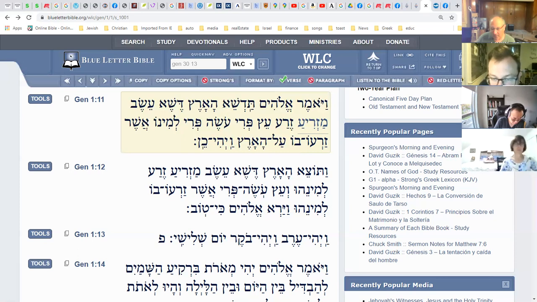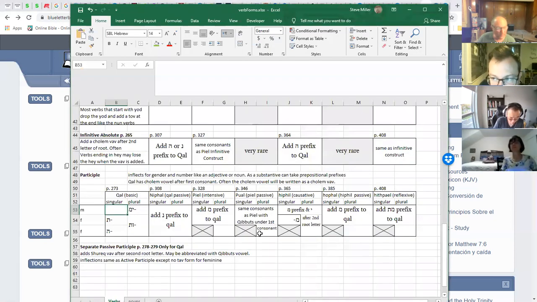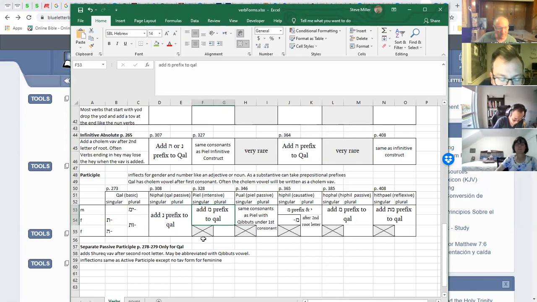I see. Yeah, but let's look at the chart here. But I'm wondering if I should just skip that because it's a participle. It'd be great just to know the imperfects and perfects. So I'm just going to show you because we started it. When we look at the participle, the piel just adds a mem to the front.